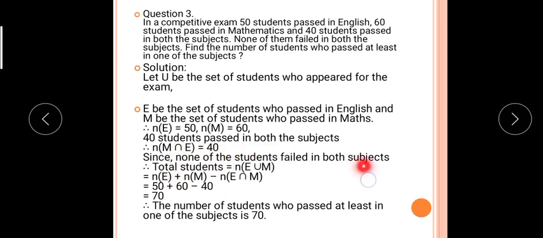So by using the formula we can find n of E union M, the number of students who pass at least in one subject, and therefore it is 50 plus 60 minus 40, which is equal to 70. So the number of students who pass at least in one subject is 70.